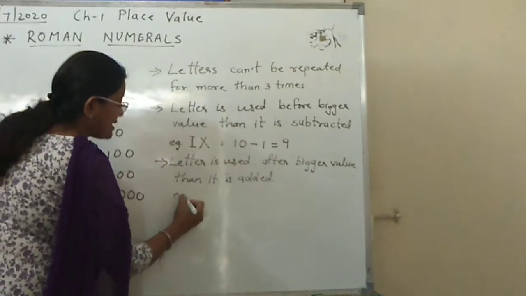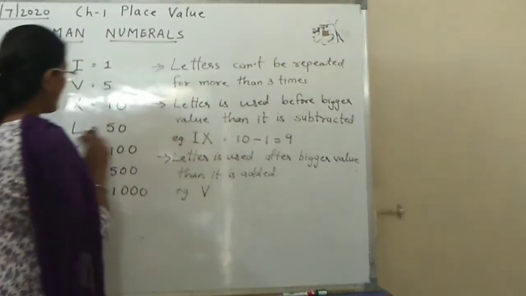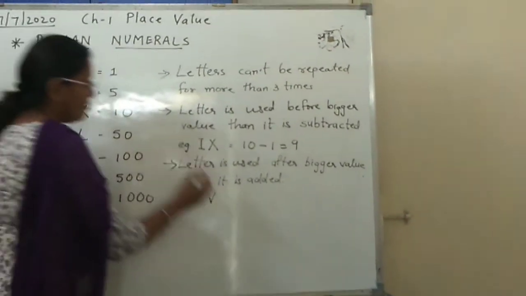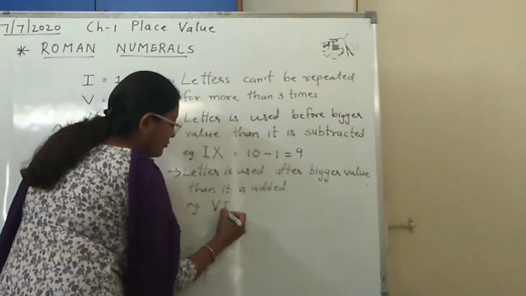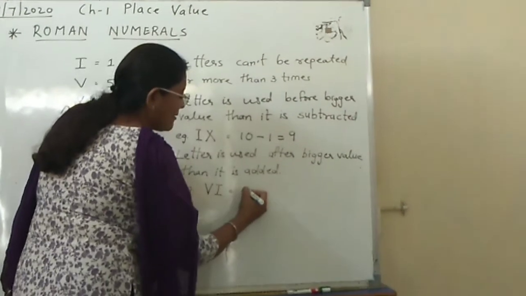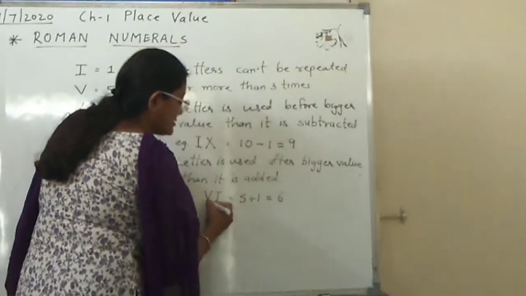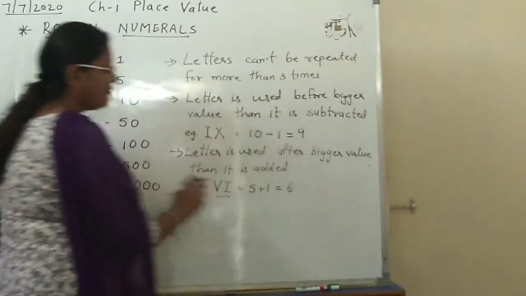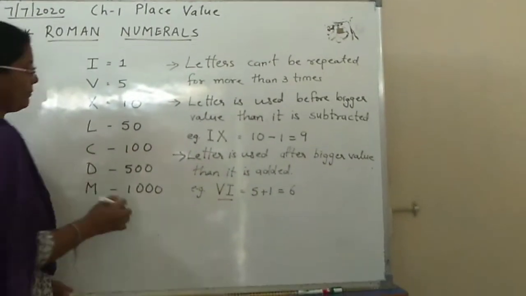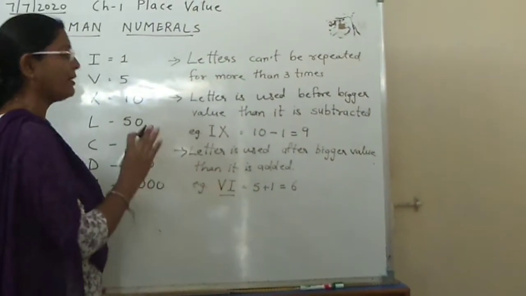Let me give you an example. That is V, which means 5, and I am writing I after it. I means 1, so 5 plus 1 is equal to 6. So 6 is written VI in Roman numbers. These are the main 3 rules which you have to remember right now.